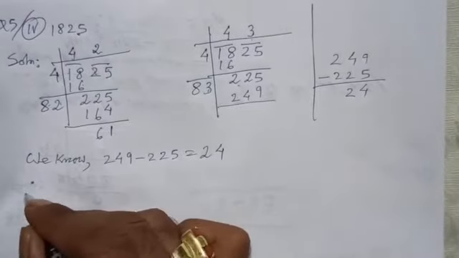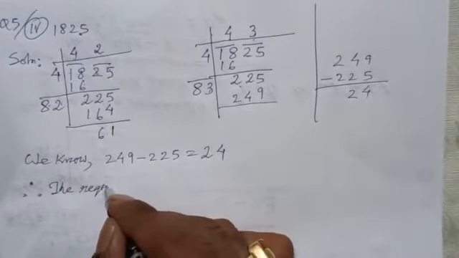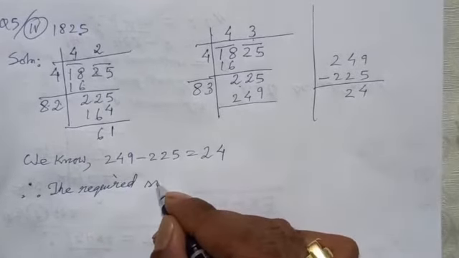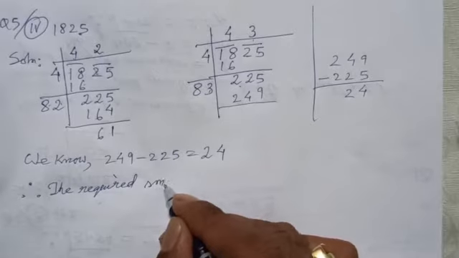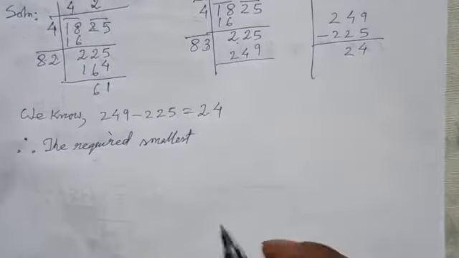Therefore the required smallest number, we can write smallest or least.